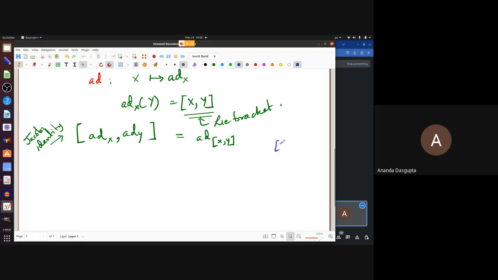Things like [J3, J+] = J+. This doesn't really look like an eigenvalue equation when you look at this. It's really saying that the commutator bracket of J3 and J+ is equal to J+. But if you look at this from the point of view of the adjoint operation, this is some linear operator ad J3 acting on the vector, the element of your vector space J+, which gives you J+ itself.